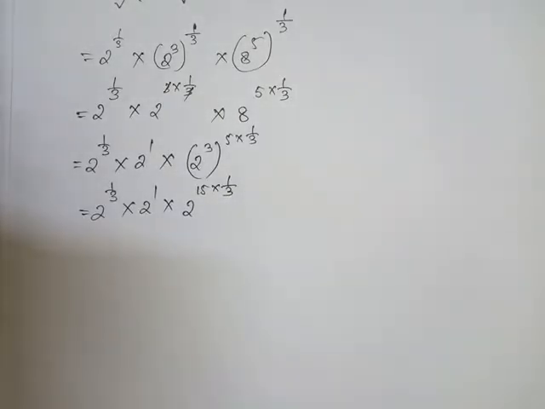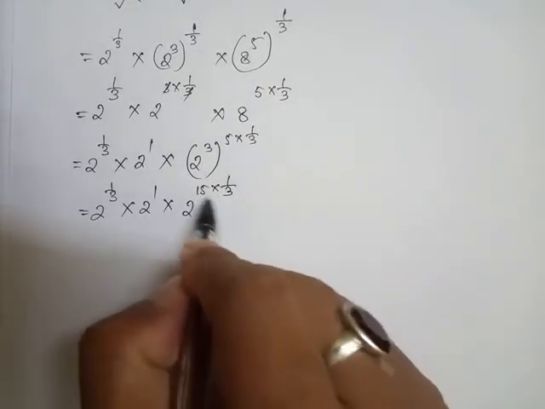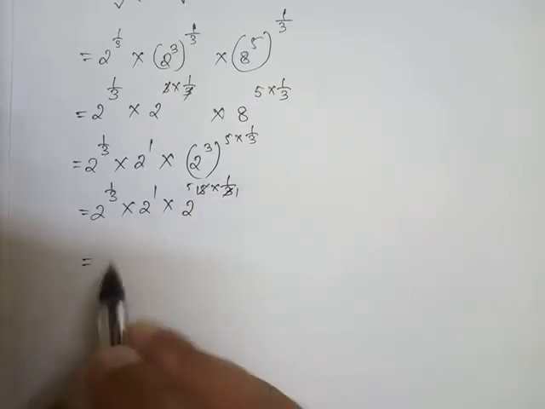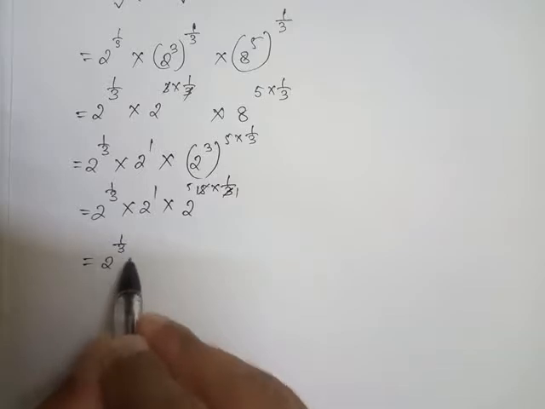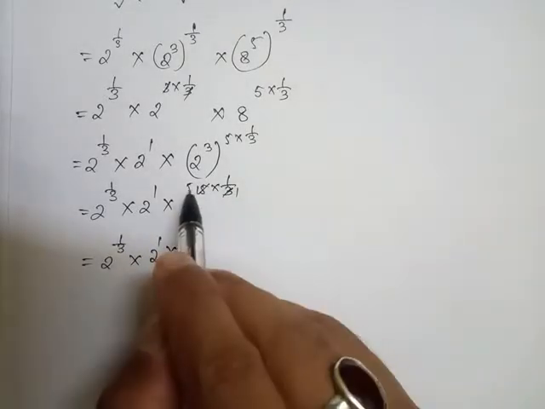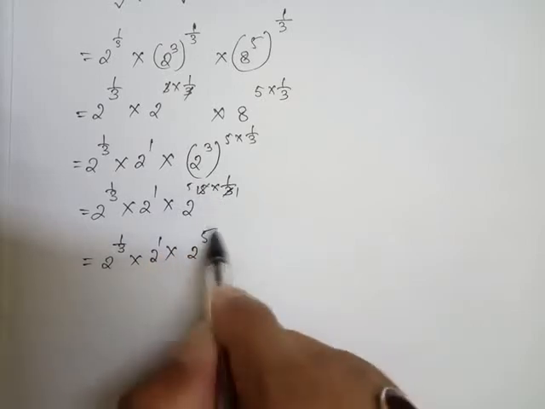Now one more thing, 3 into 5 multiply. If I multiply here, then 2 to the power 1 by 3 into 2 to the power 1 into 2 to the power 15 into 1 by 3. 3 fives are 15, so 2 to the power 5 into 1 is 5.